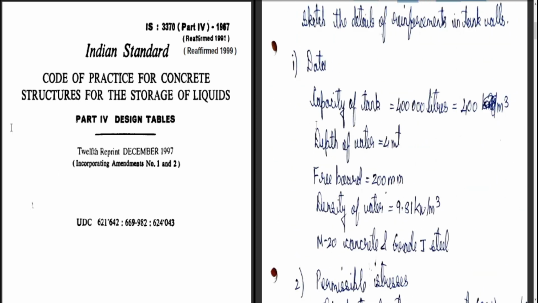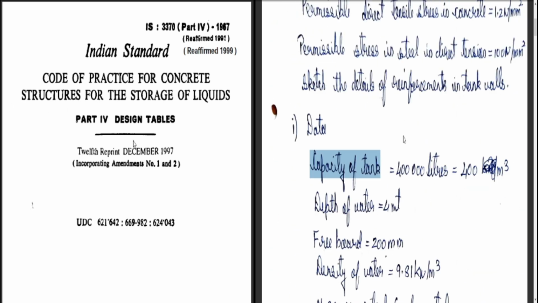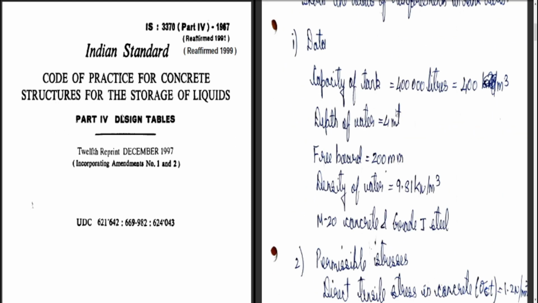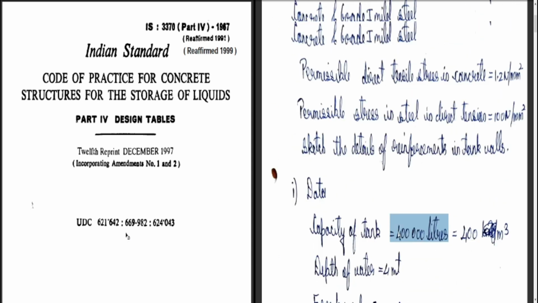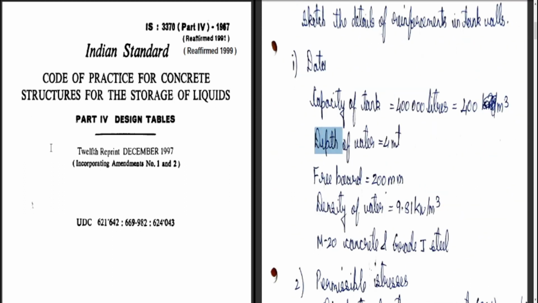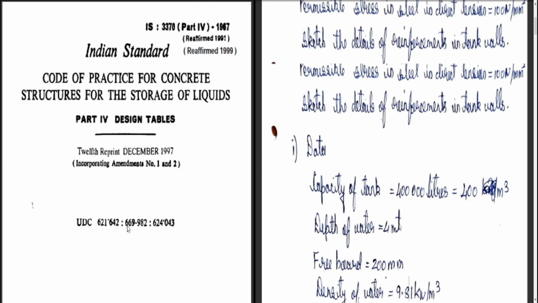Now the data. Capacity of the tank. In the question you can see it is given, design a circular water tank with fixed base for a capacity of 4 lakh liters. That means the capacity of the water tank is 4 lakh liters. After converting we get 400 meter cube. Then the depth of the water is 4 meters.